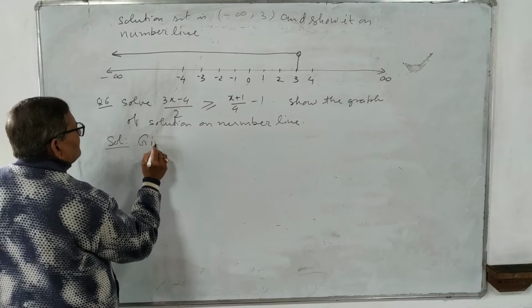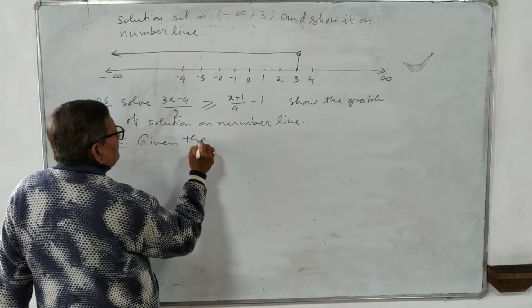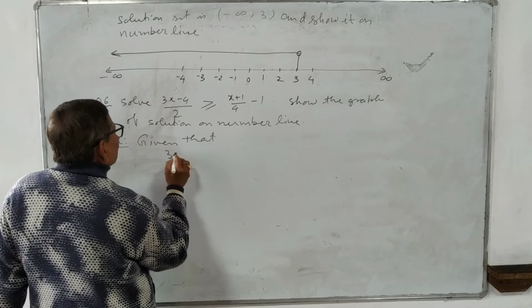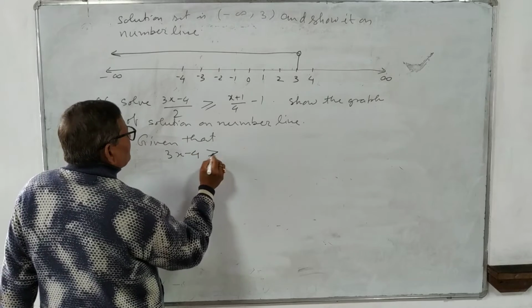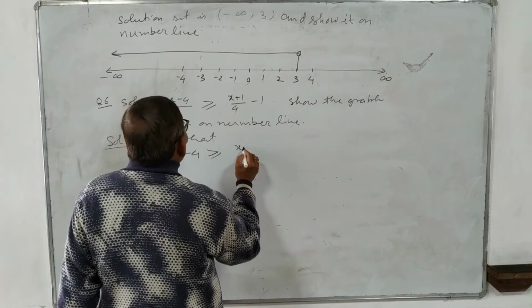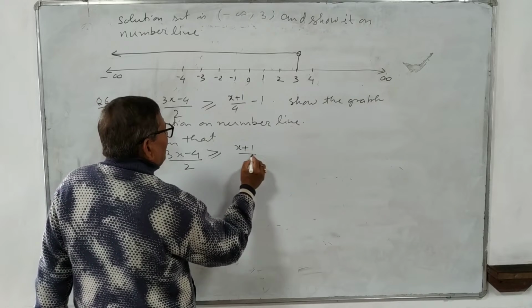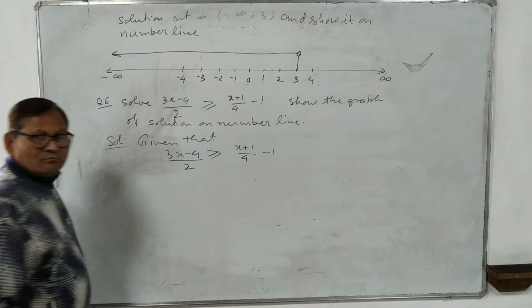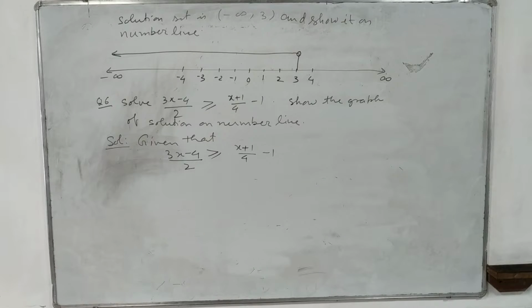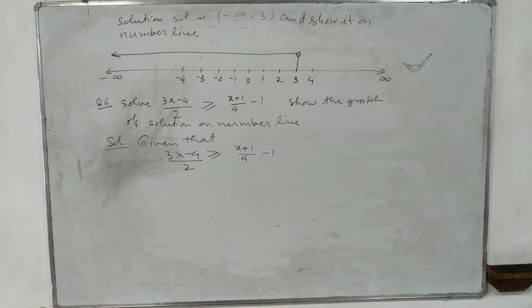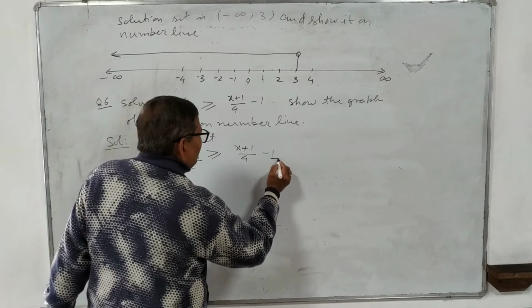Solution. Given that 3x minus 4 by 2 is greater than or equal to x plus 1 by 4 minus 1. So this is 1 by 1.